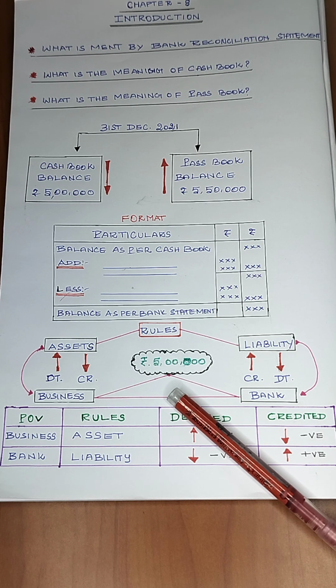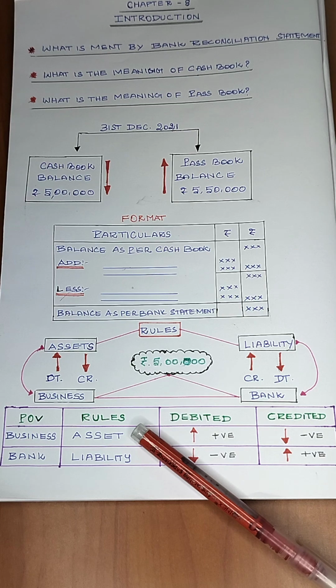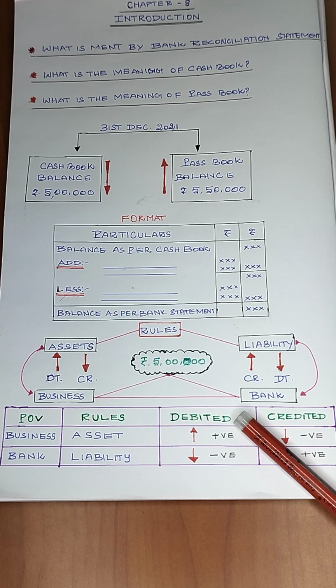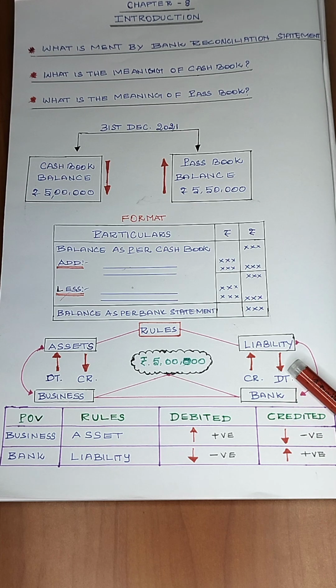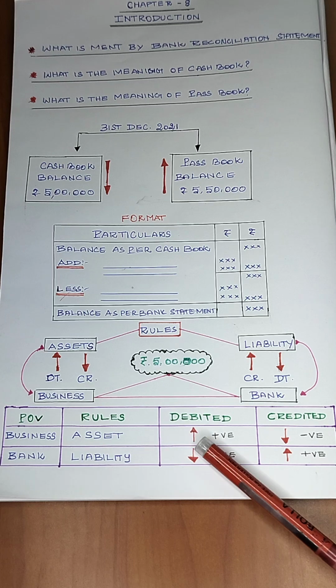From the business point of view, that 5 lakh rupees is an asset, and from the bank point of view, it is a liability. From the bank point of view, when the liability decreases, we debit it, and when the liability increases, we credit it. It's just the opposite of assets, vice versa.